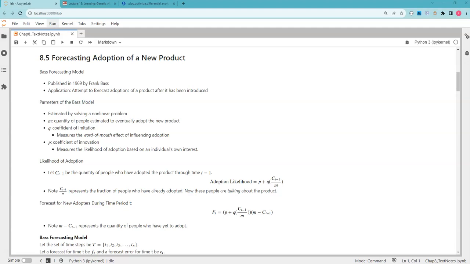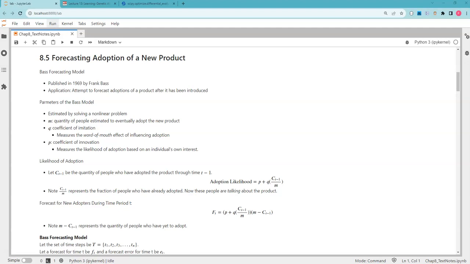Then P and Q have to do with the adoption rates and different things that can influence someone's desire to adopt a product. Q is called the coefficient of imitation. This comes down to peer pressure a little bit, or word of mouth. You have a friend that adopts the product, they start talking about it to you, and it's trying to capture that motivation that may be imparted to you to adopt that same product.